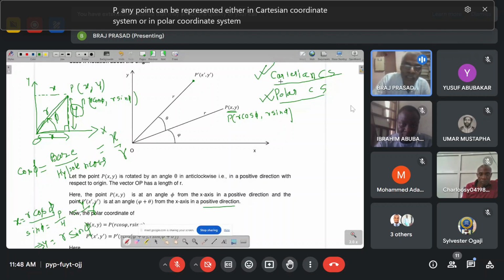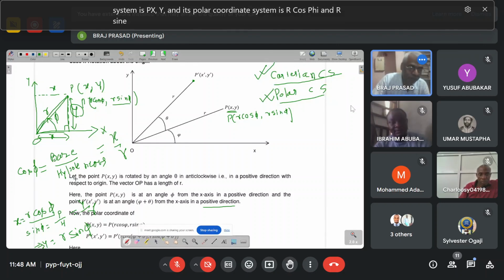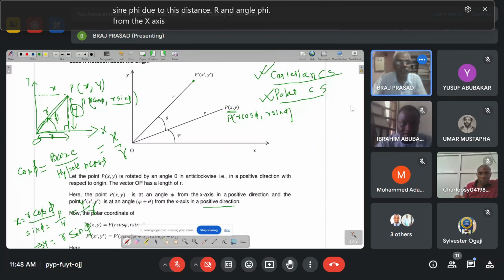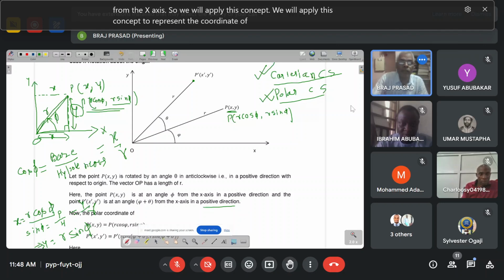The Cartesian coordinate of P is (x, y) and its polar coordinate is (r cos phi, r sin phi), due to the distance r and the angle phi from the x-axis. We will apply this concept to represent the coordinate of point P and the coordinate of point P dash.